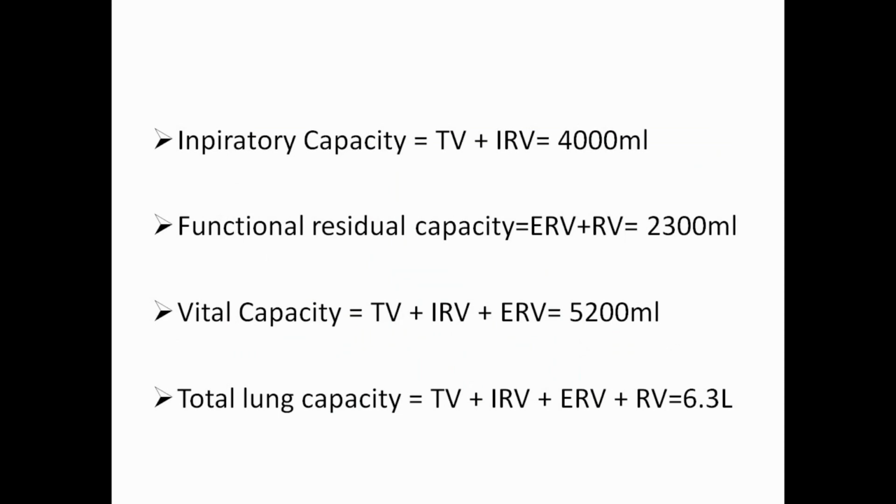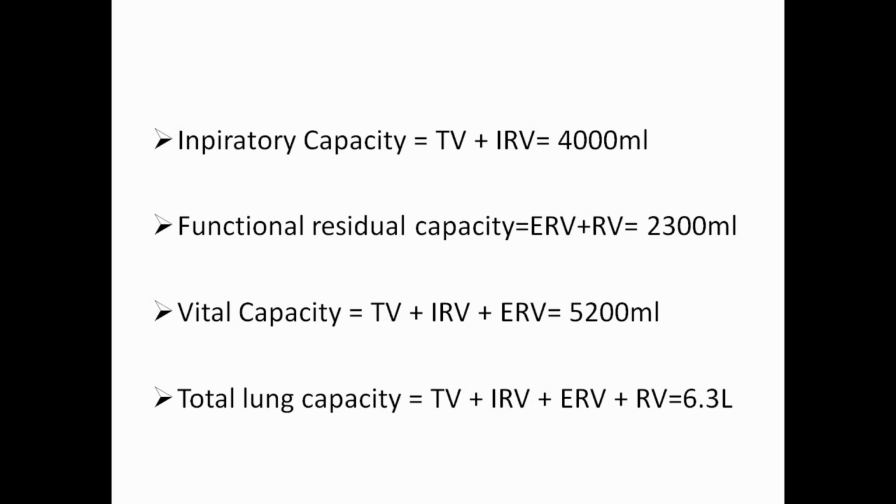So these are the formulas for various capacities. As I have mentioned from the graph, inspiratory capacity is equal to tidal volume plus inspiratory reserve volume, which is equal to 4000 ml or 4 liters. Functional residual capacity, which equals expiratory reserve volume plus residual volume, amounts to 2300 ml or 2.3 liters.